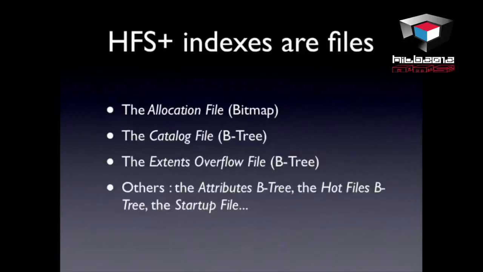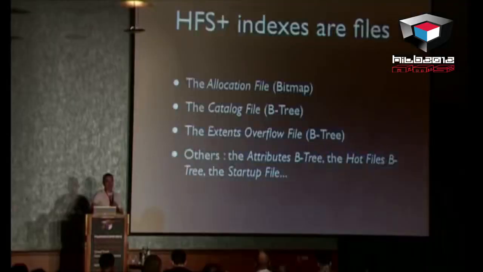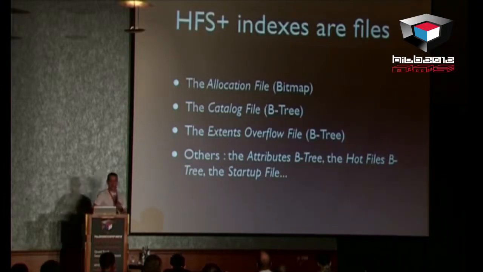So, talking about files, HFS Plus indexes are also files. There are 3 basic kinds of them: the allocation file, which is a bitmap, the catalog file, which is a B-tree, and the extents overflow file, which is also a B-tree. There are other standard files in HFS Plus as well: the attributes B-tree, the hot files B-tree, the startup file, but we won't mention them after.